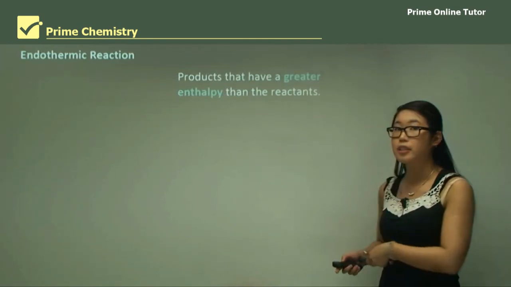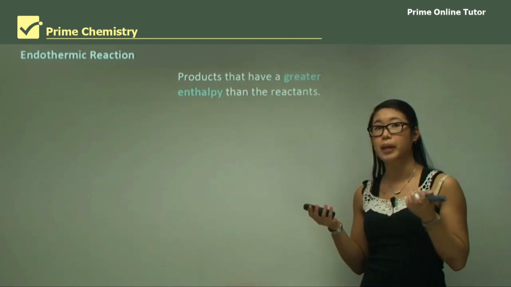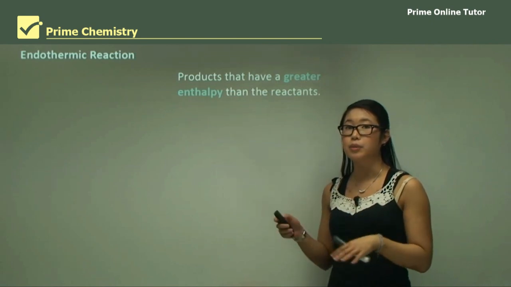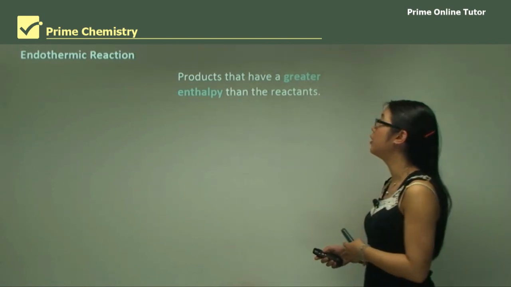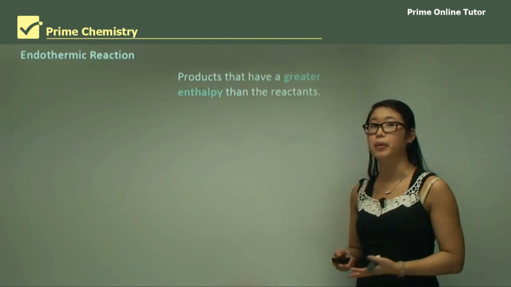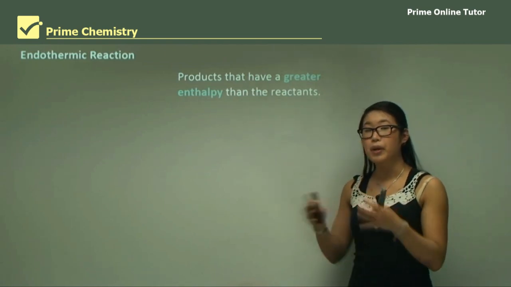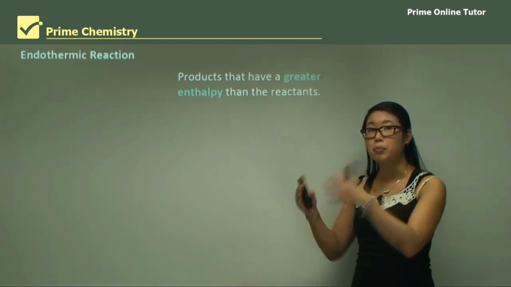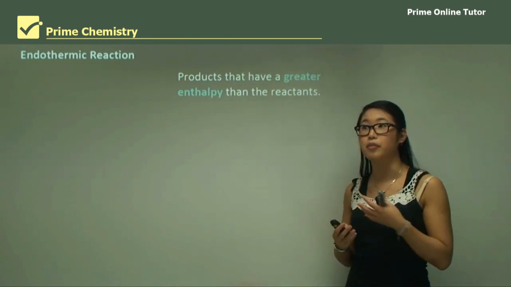Endothermic reactions are the opposite. Endothermic means that we're taking energy from the outside in, and that's why the solution will feel cold. The products have a greater enthalpy than the reactants, so it's the opposite of what's happening. We have a certain amount of reactants, we break all the bonds, and then we form the bonds of the products, and those products have a higher stored energy than the reactants.